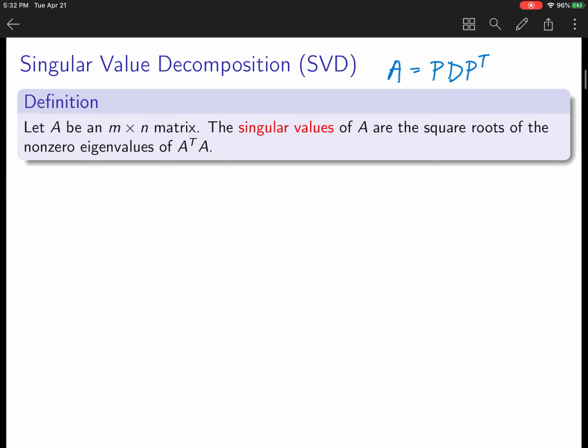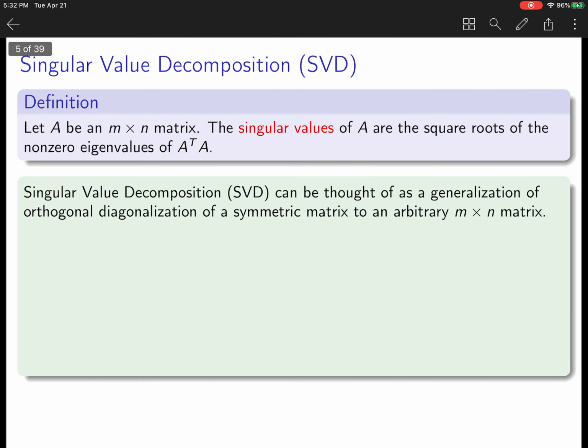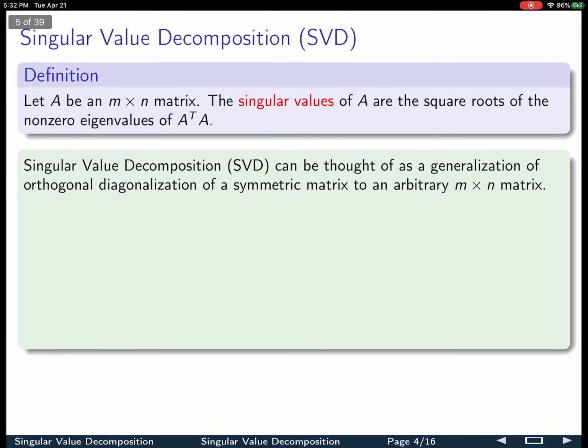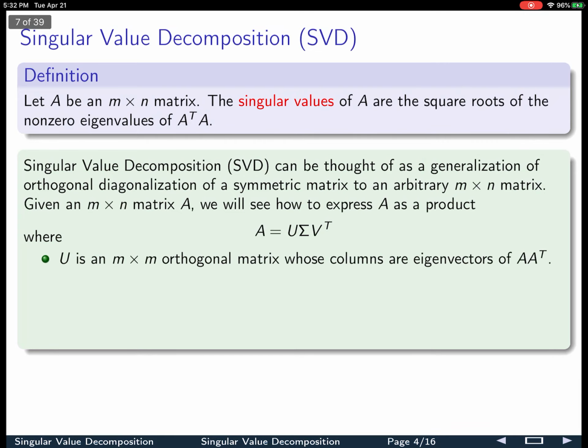There are three major matrices that appear in the singular value decomposition, just like the PDP transpose that I wrote up top earlier. Here we've got a matrix U, a matrix sigma, and a matrix V transpose as our decomposition of the matrix A. U is an m by m orthogonal matrix whose columns are eigenvectors of A A transpose.